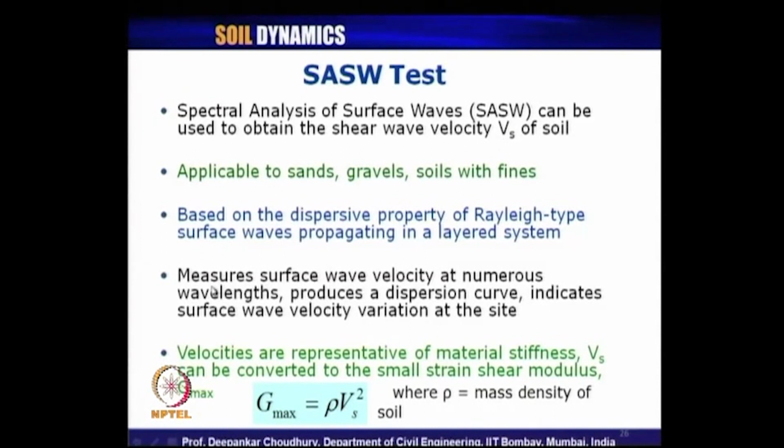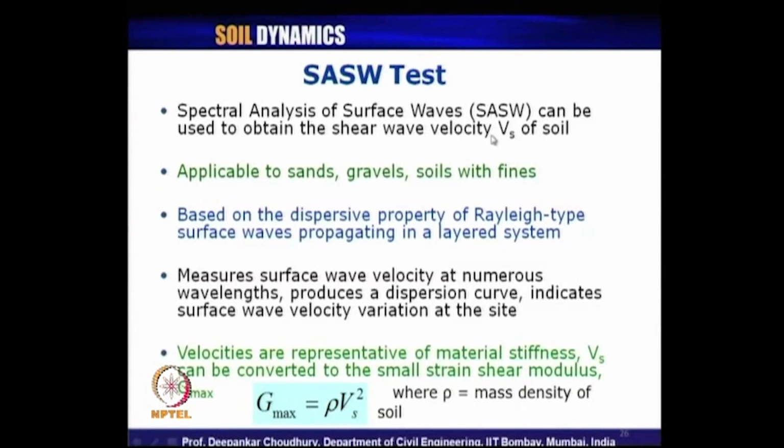So, remember this. Now, it measures surface wave velocity at numerous wavelengths and produces a dispersion curve, which indicates how surface wave velocity varies at that site. Depending on your hammering technique at different times, it will create different wavelengths of the waves traveling through the media, and you will get a set of curves which will help you obtain the surface wave velocity, or Rayleigh wave velocity.